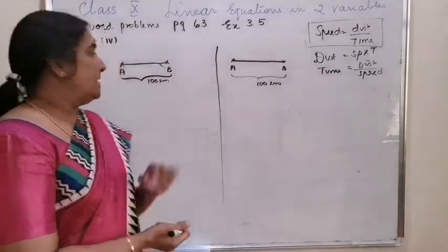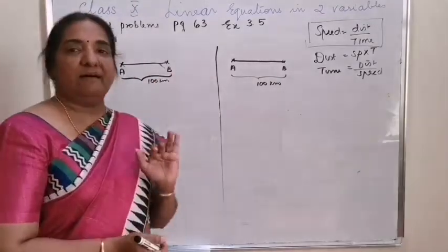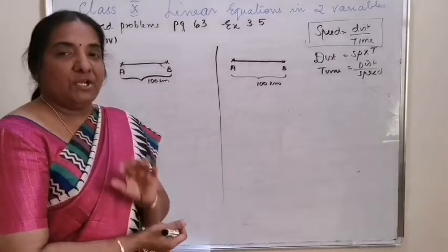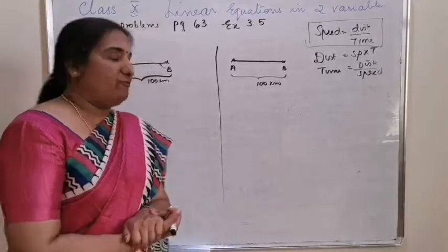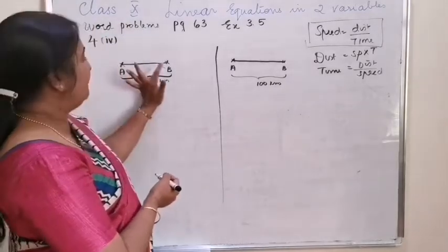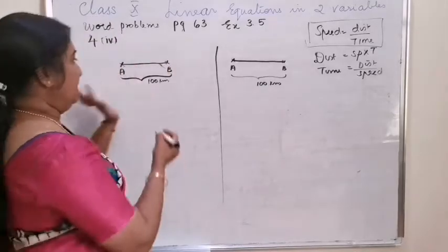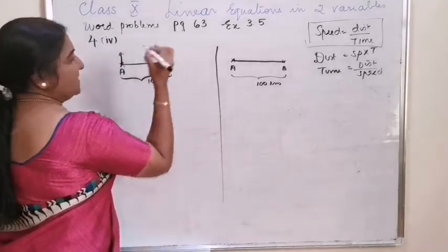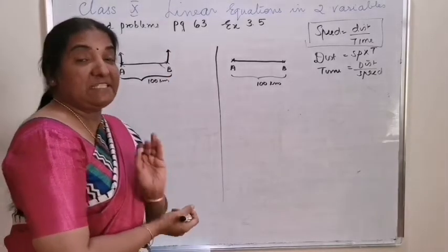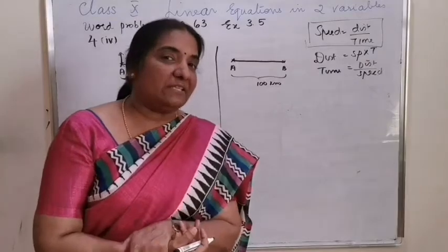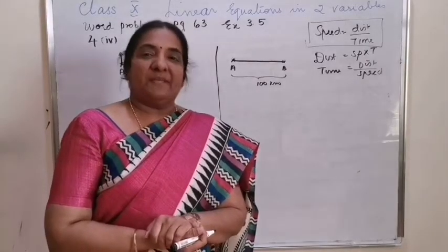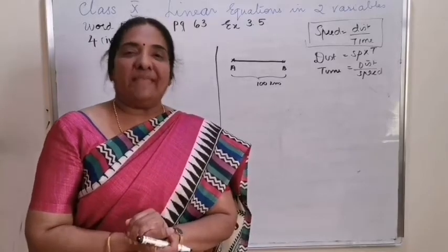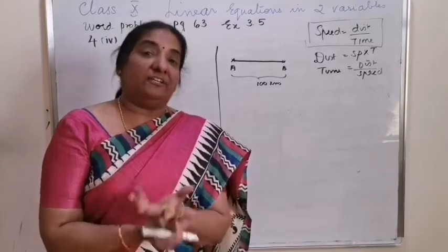The first sentence is, two points A and B are 100 kilometer apart on a highway. Now, two cars are starting from the point A and from the point B. Specifically, they said that they are moving with different speeds, because if they don't, there is no chance of them meeting at a point after any time.